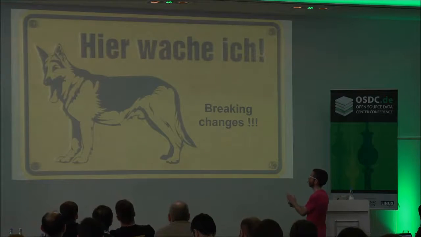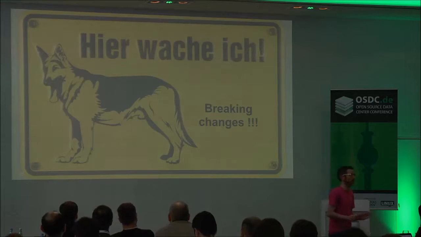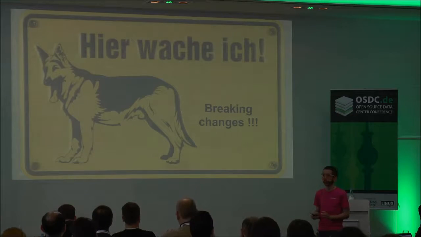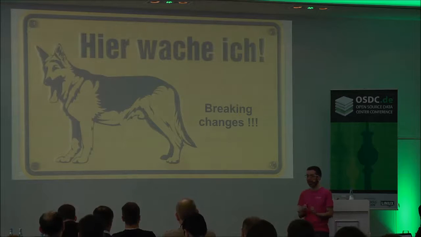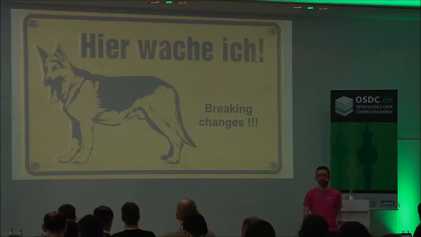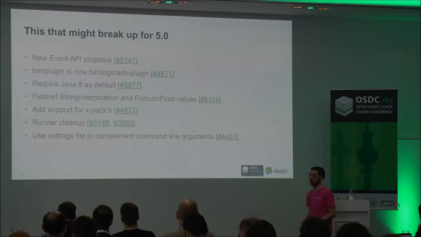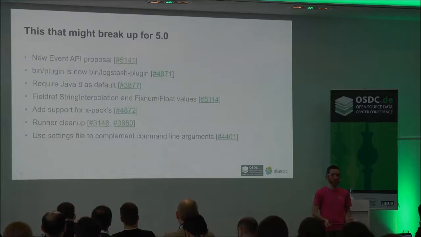Very important slide: breaking changes. I introduced this before with the Java event. We try to make sure that we don't break anything unless you are in a major version. What changes in 5.0? New event API. In 5.0, we don't let mutation happen in some circumstances, because mutation is evil.